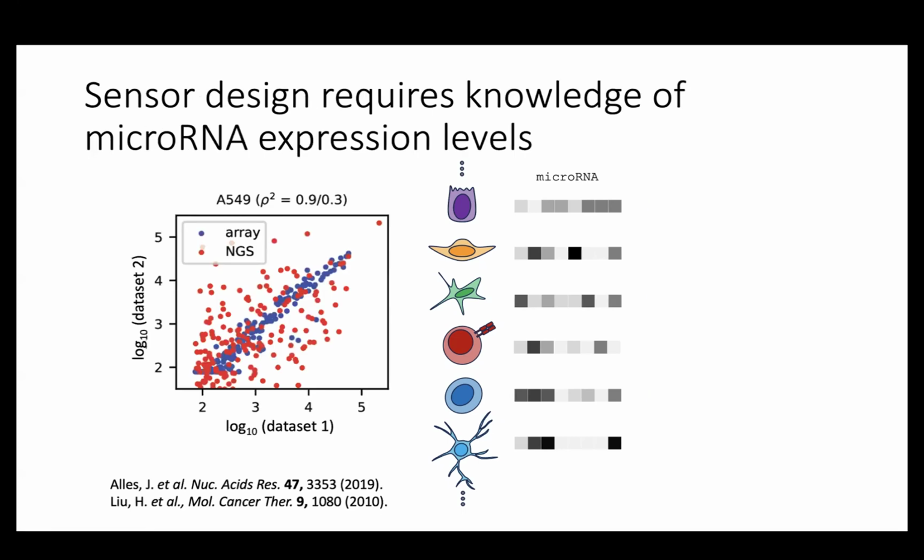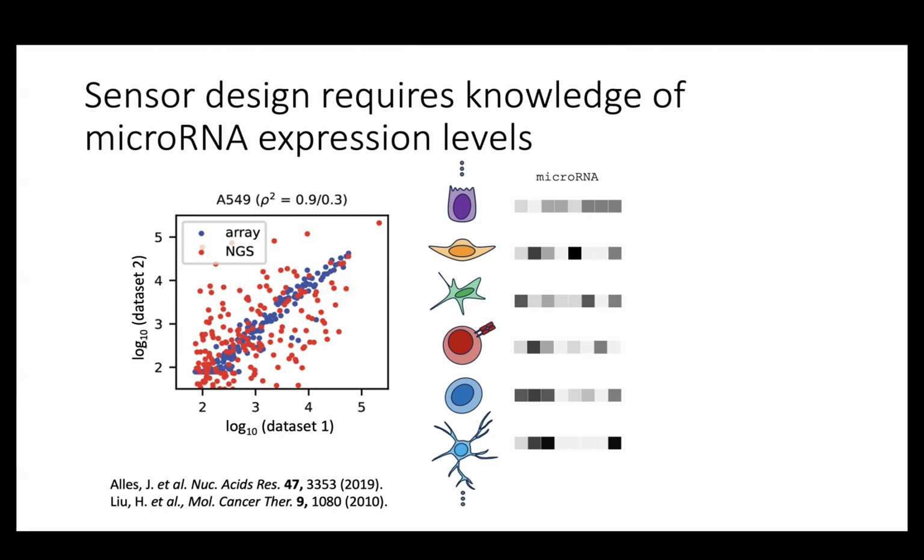Now, the first thing, and this is interesting for people who work on microRNAs anyway, if you want to engineer sensors for microRNAs, you have to know what these microRNA levels actually are in the different cell types. And when Lucas started looking at the literature, he found that different reports or different measurements of microRNA levels absolutely do not correlate with one another in general.